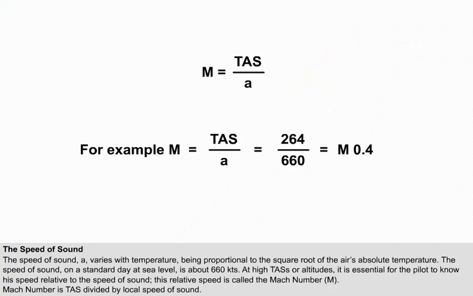For example, if the aircraft's TAS is 4/10 of the speed at which sound pressure waves propagate through the air around the aircraft, the Mach meter will register Mach 0.4. How the Mach meter works is covered in the instruments syllabus.